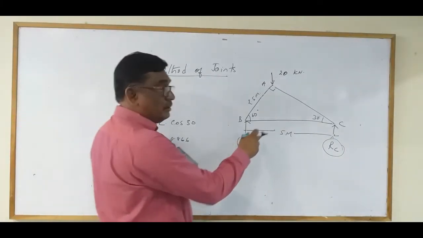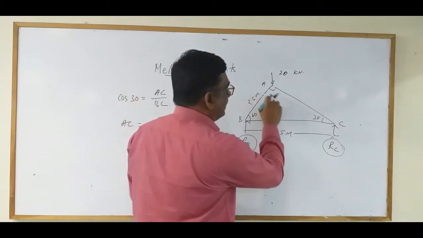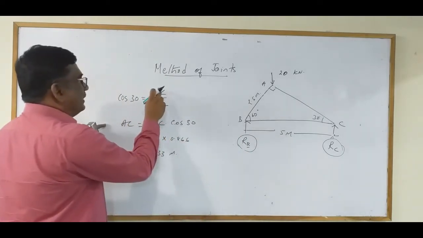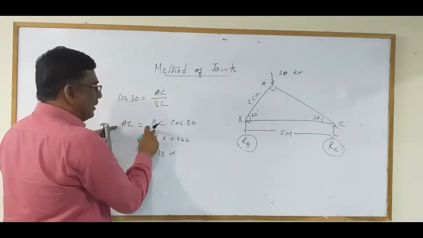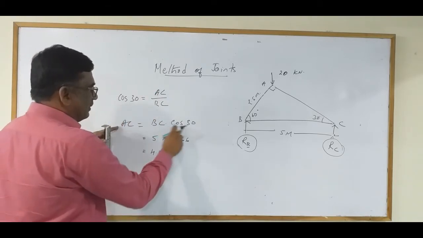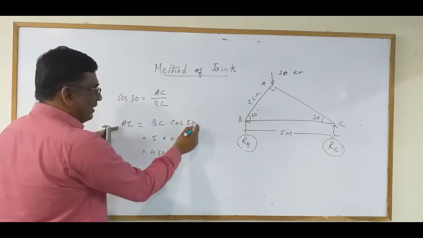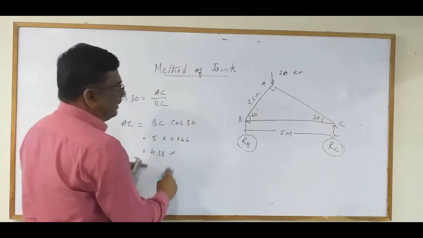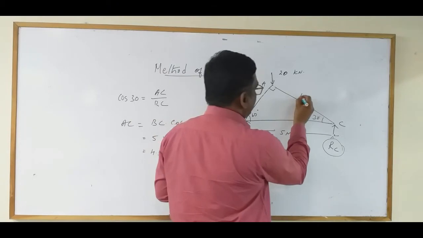Finding out cos 30: this is the adjacent side, this is the hypotenuse. So adjacent side by hypotenuse is AC by BC. AC alone is BC cos 30, and the value of cos 30 is 0.866. So this is 4.33 meter.